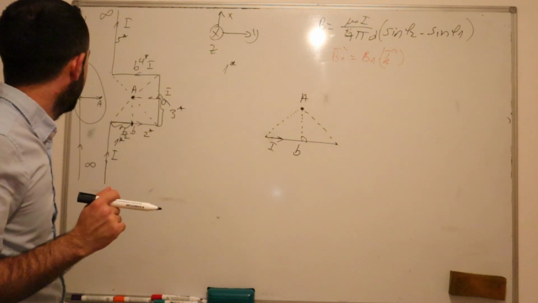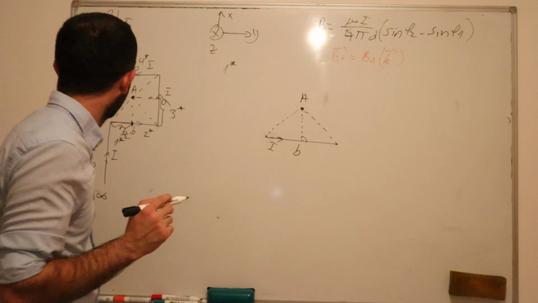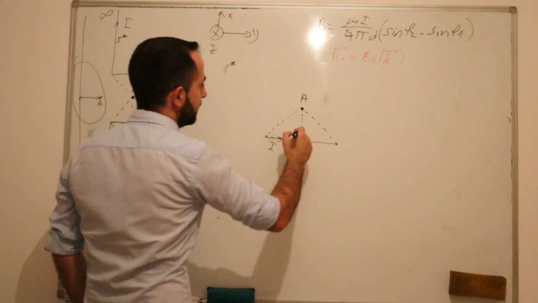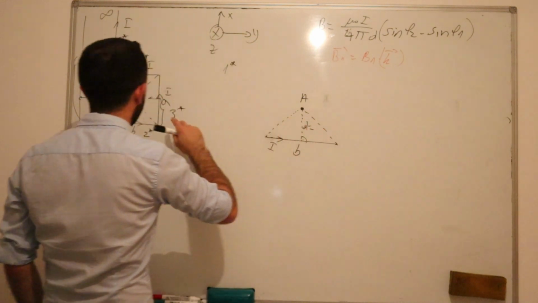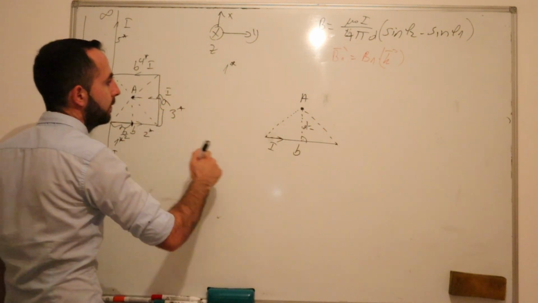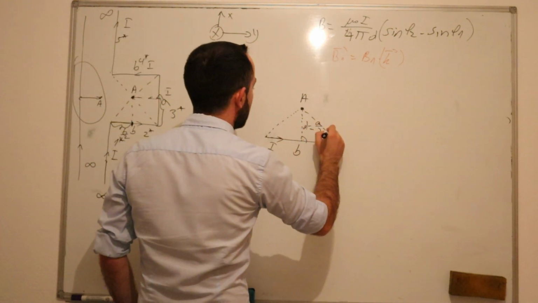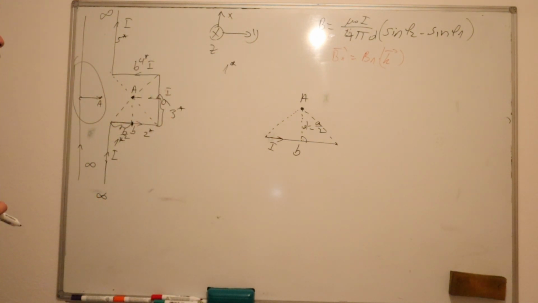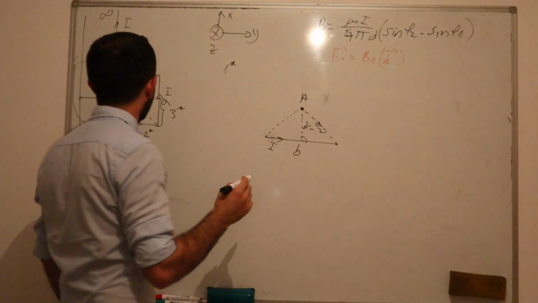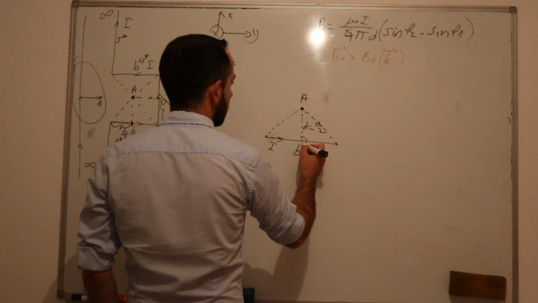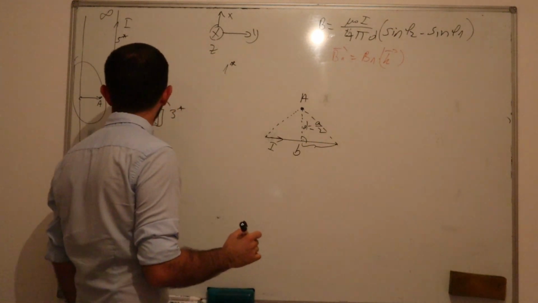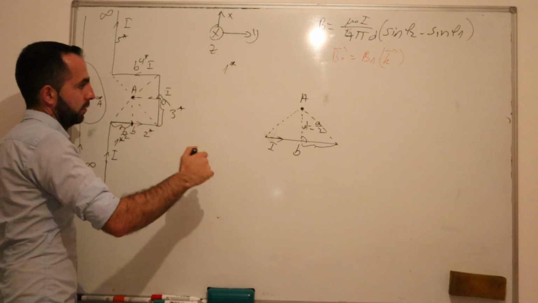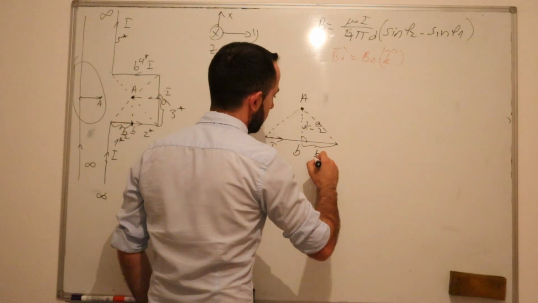What are these angles? Well, firstly, I need to know what the distance is. The distance, so once again, is A and a half. Because this is B, so this is B and a half.